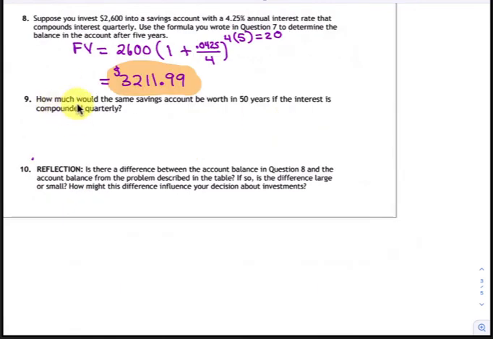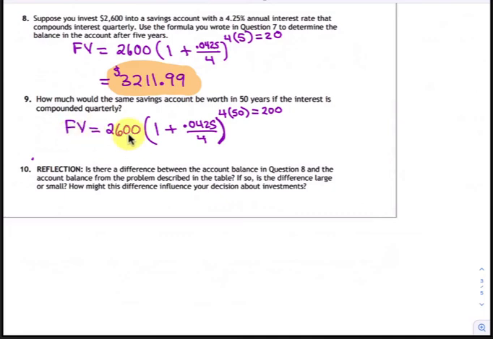And in question 9, how much would the same savings account be worth in 50 years if the interest is compounded quarterly? All right, so we went from 5 years to 50 years. So what that would be is just changing the time period to 50. So we'd use the exact same equation.